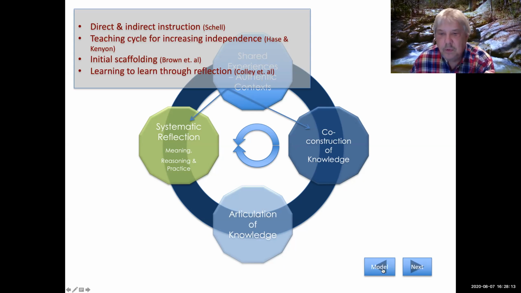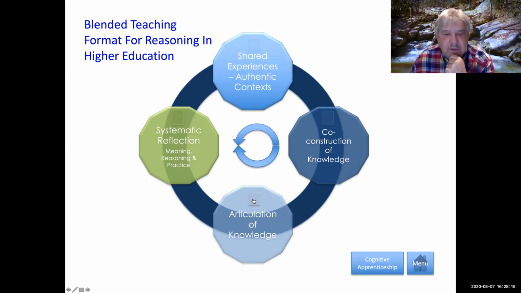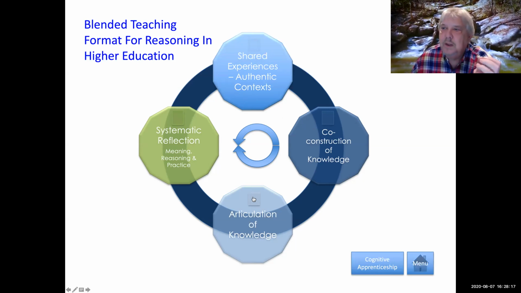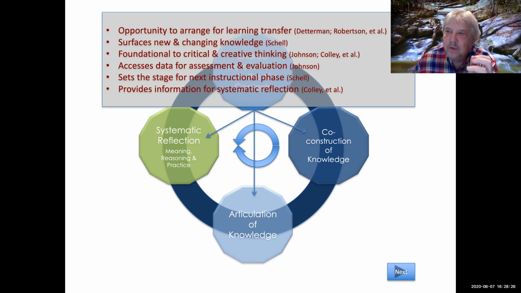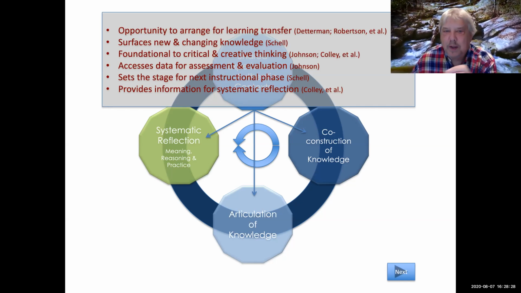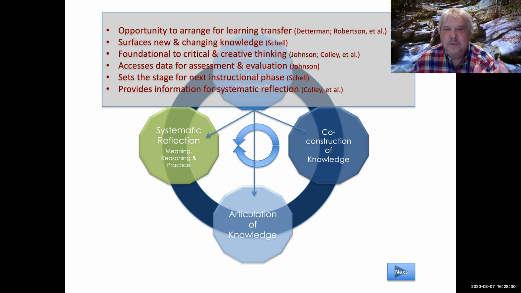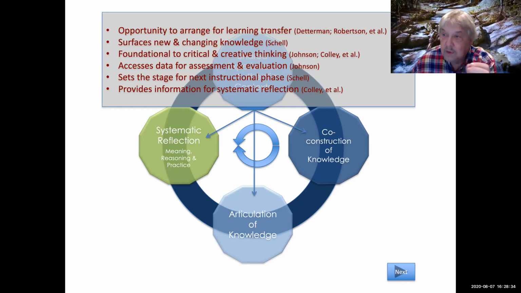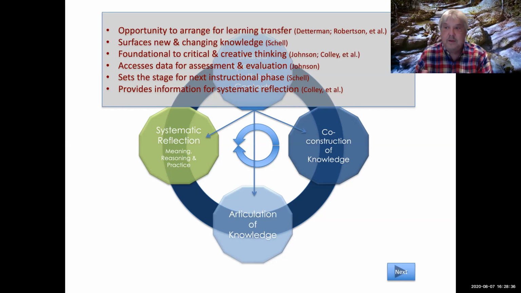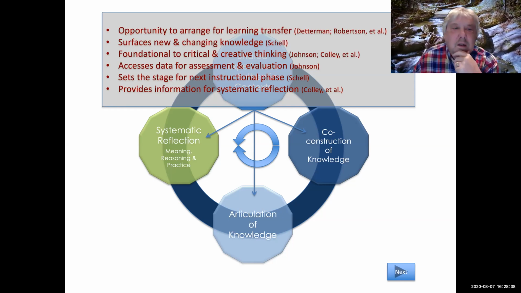So let's return to our model, and let's see why we want students to be able to talk about what it is that they've learned. Well, we want to arrange an opportunity for you to use what students learn to arrange for transfer for them. It surfaces new and challenging ideas and knowledge, ideas that become knowledge because they're understood and negotiated.